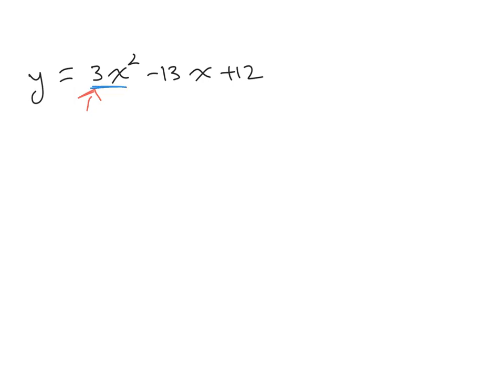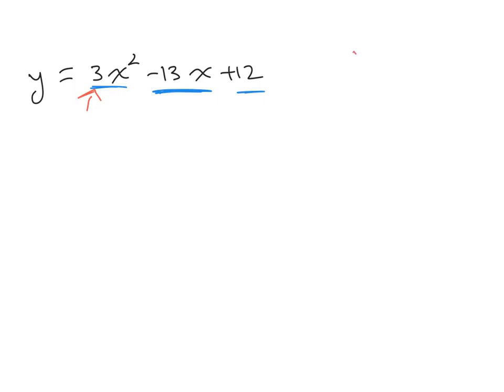Our 3x squared, our -13x, and our 12. So you can factor 3 from 12, but the issue is with the 13, right? 13 is a prime number, so I can't factor 3 from it. So what that means is this factoring method is going to require factor by grouping.